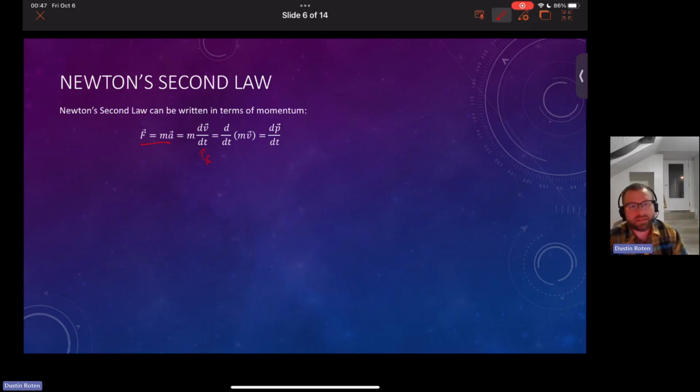That's just the change in velocity. If we do that and we distribute our mass into the derivative, we can totally do that, it's a constant. Look at what we have: the rate of change over time of momentum. So really this just comes down to the force equals the change in momentum over time.